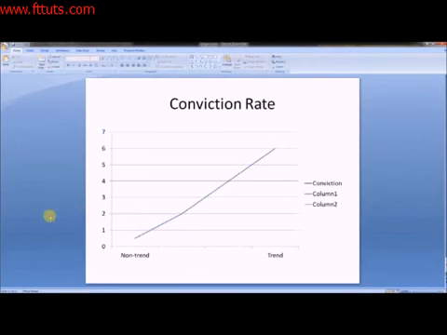Now, in terms of our conviction rate, of course, naturally, and this is the market conviction rate and should of course be your conviction rate, on a non-trend day, the market has no conviction whatsoever. The market has no conviction to move one way or the other.